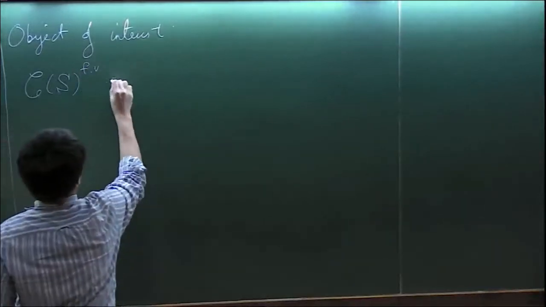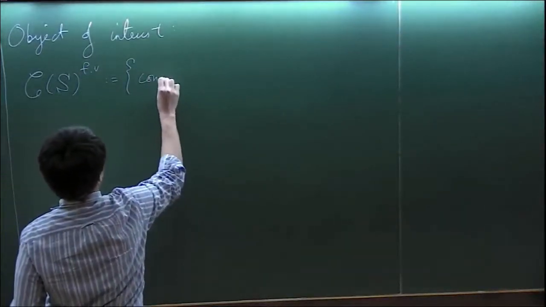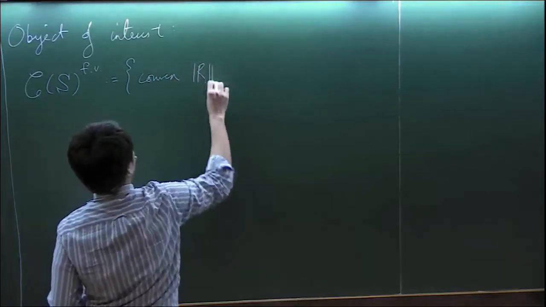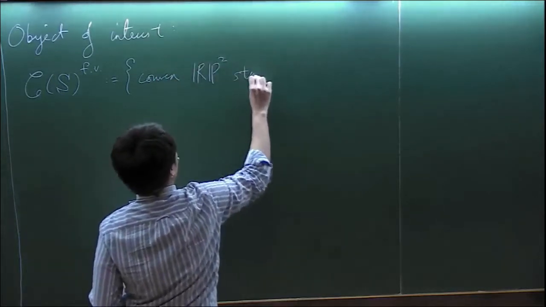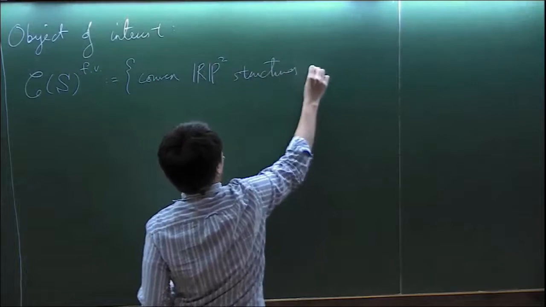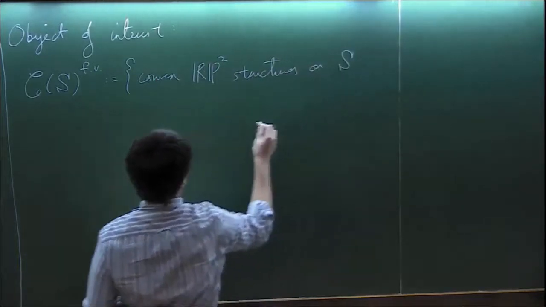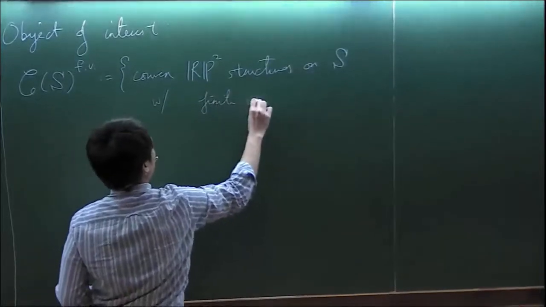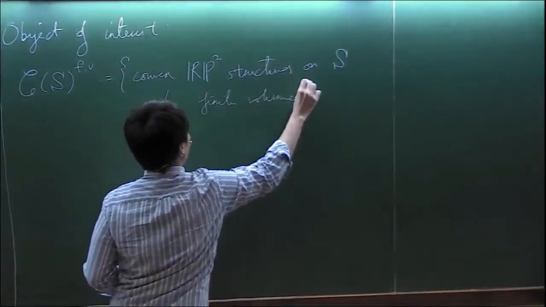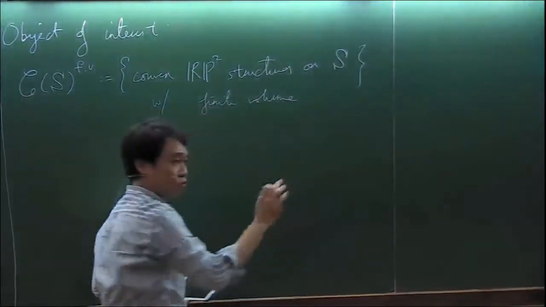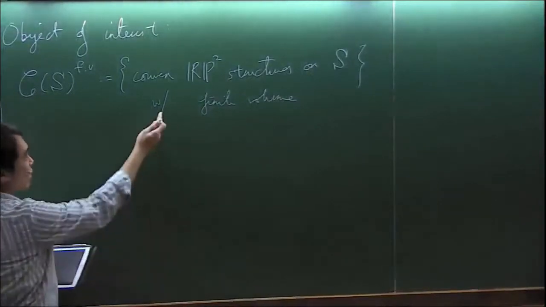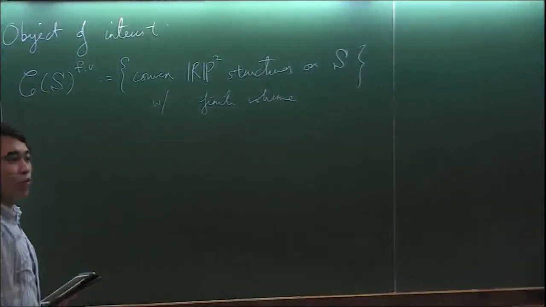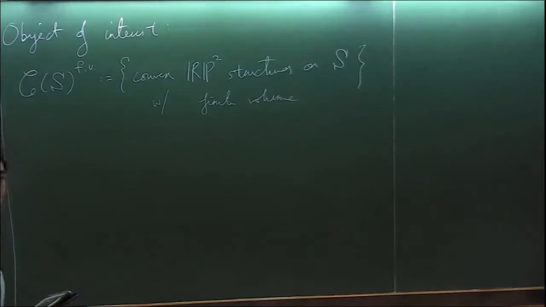This is the deformation space of convex RP2 structures on S with finite volume. One of my main goals today is to explain what these convex RP2 structures are and what it means for them to have finite volume.